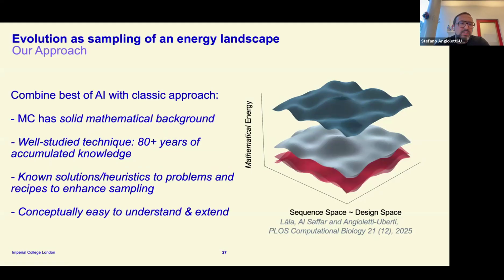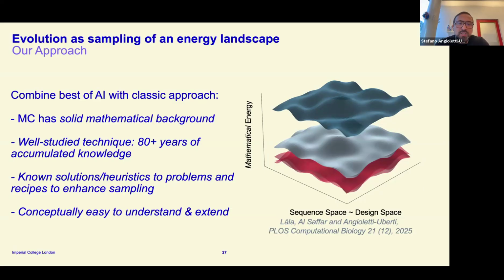Now, this approach, in a way, combines a bit of the best of AI with a classic approach. Why? Because we use AI to evaluate the different energy terms, but the sampling approach, the optimization approach itself, is just standard Monte Carlo optimization. So we build on a solid mathematical background. Markov chain Monte Carlo as a mathematical technique has been known for more than 100 years.